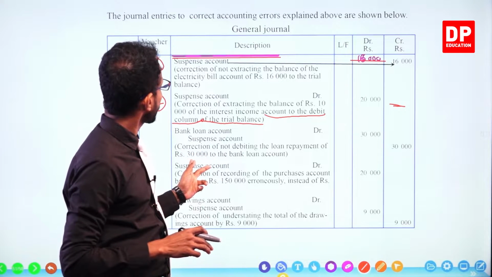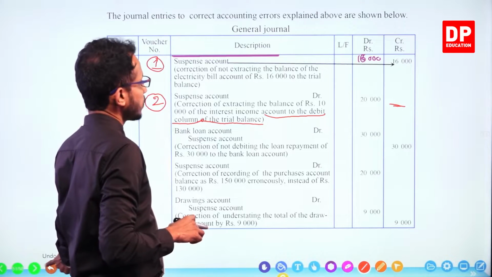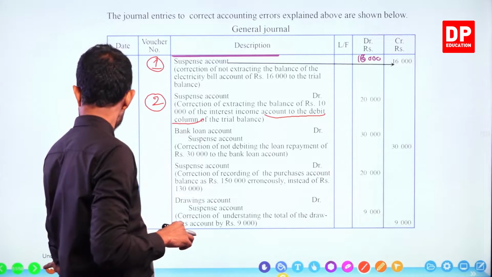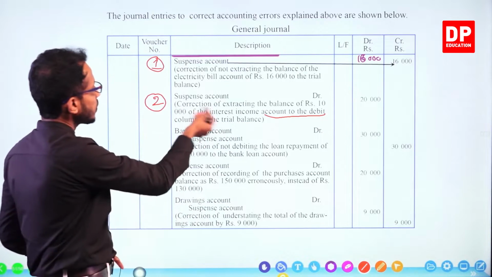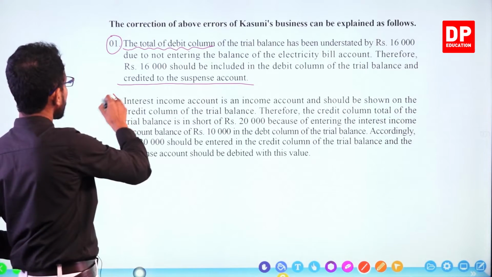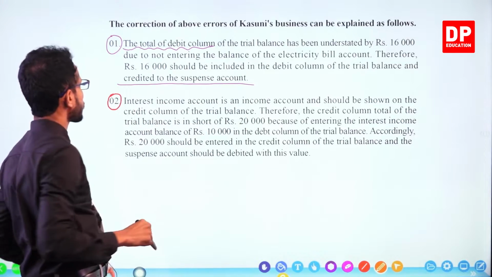Okay, right. Then this is the second error. The second error has also been explained here.